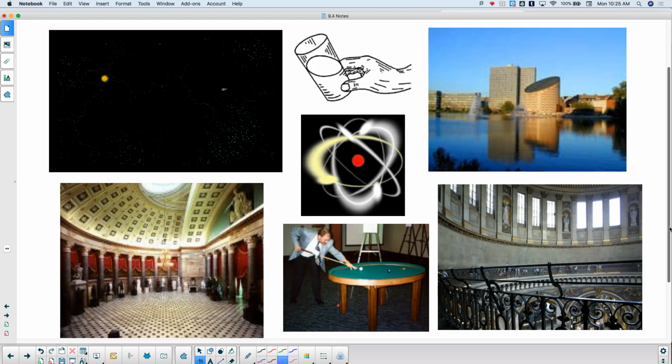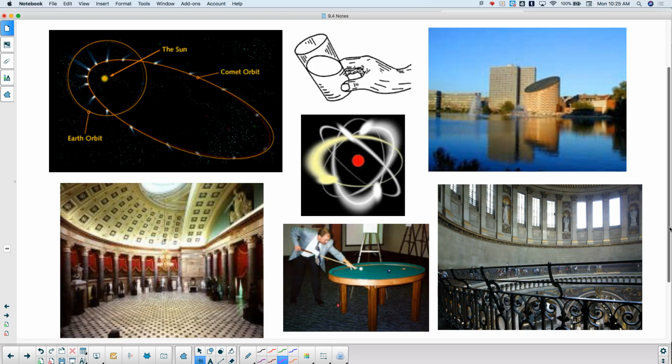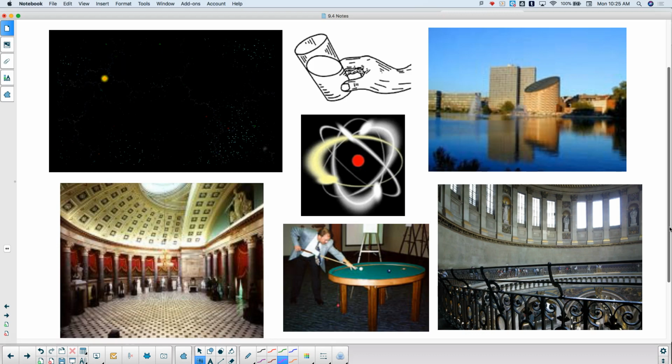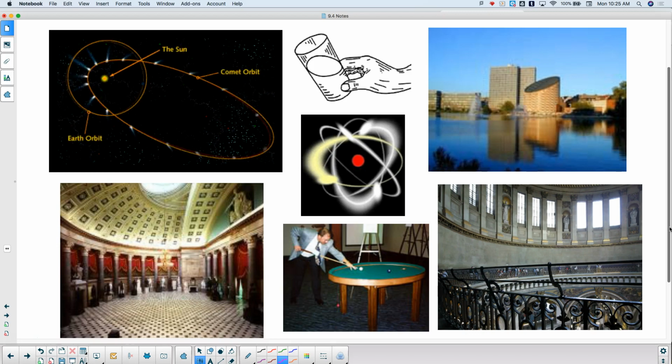The bottom 2 on the outsides though are the cool ones. The one on the right, I think, is St. Paul's Cathedral in Europe. Its shape is elliptical. They made it in the elliptical shape.